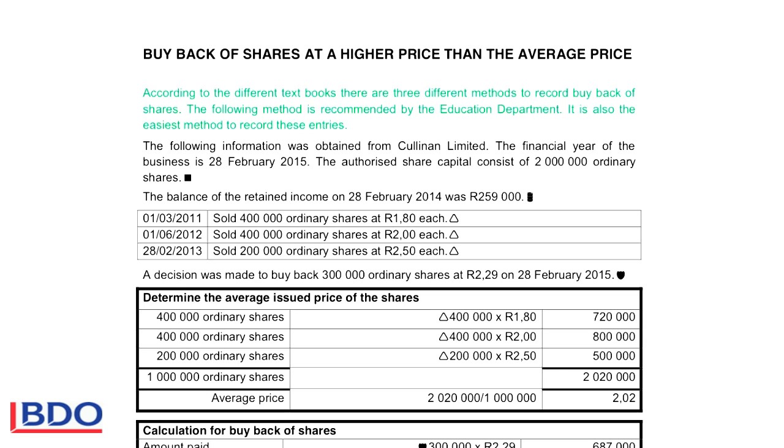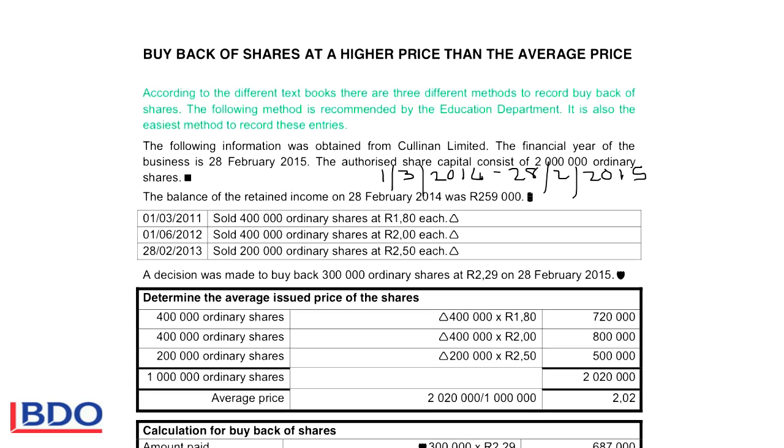The following information was obtained from Cullinan Limited. The financial year of the business is the 28th of February 2015. So the financial year of this business is from 1 March 2014 to 28 February 2015.